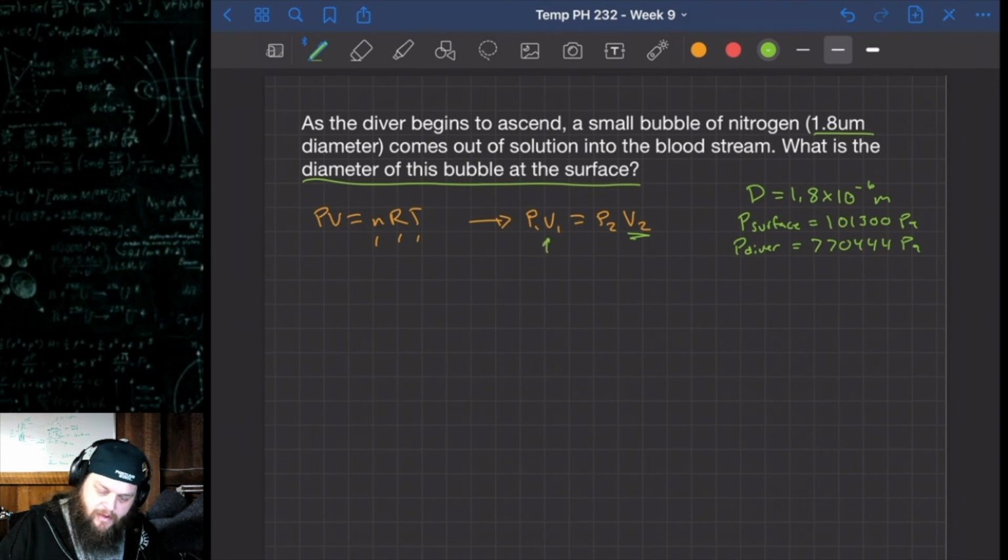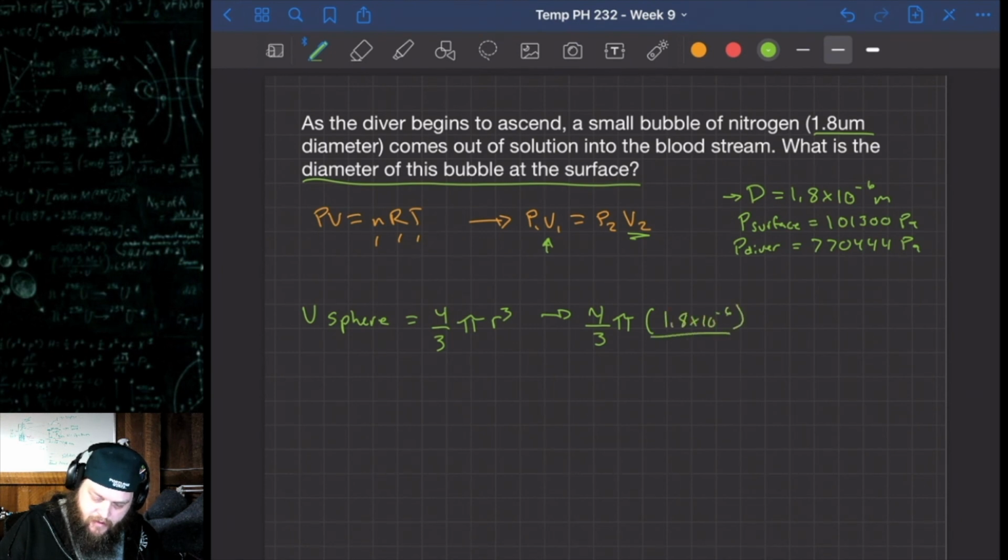And first we actually need to find the volume down below. We know the diameter, but the volume of a sphere is going to be equal to, was it 4/3 pi r cubed? So using the diameter they give us to find the radius, to find the volume, I can say this is 4/3 pi times 1.8 times 10 to the negative 6 divided by 2. These brackets go all the way down so I can cube it.